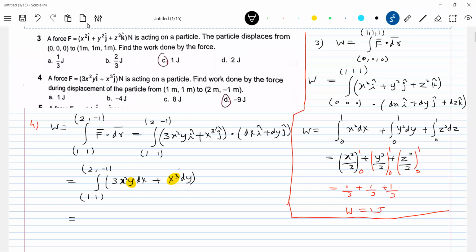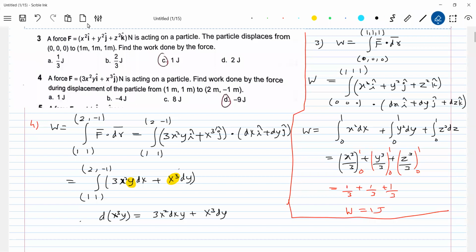Look at this one, x cube dy: expand it. What do you get? If I expand the derivative of x cube y, I'll come out of the problem. What can you write it as? 3x square dx y plus x cube dy.